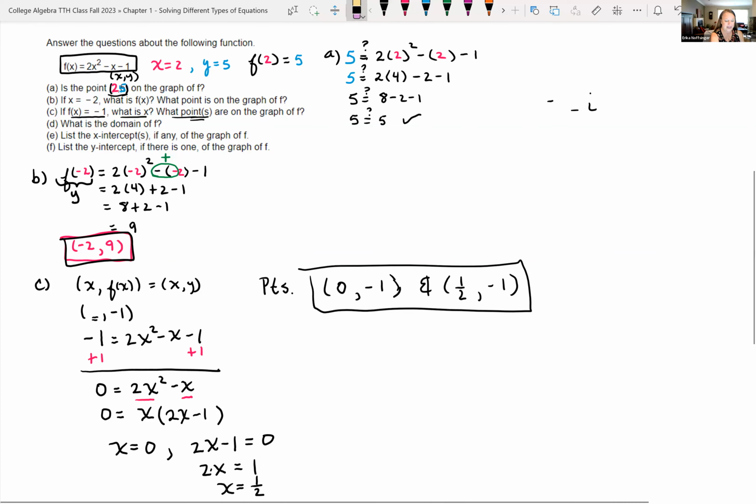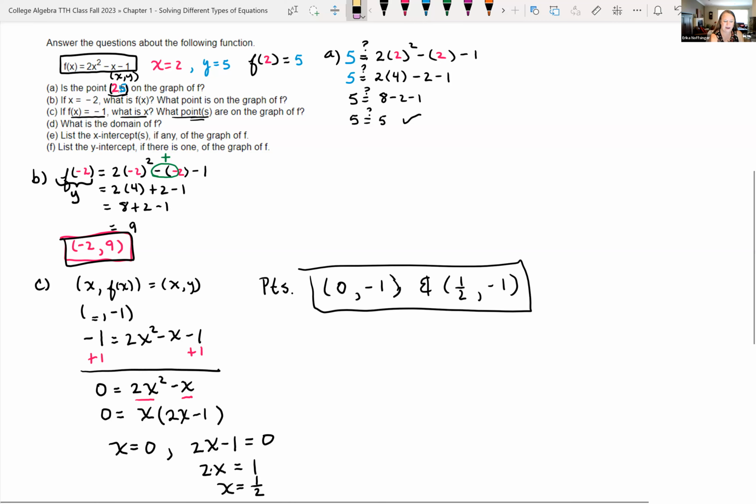So looking at this, I don't have any radicals in my equation, so I don't have to worry about any values of x giving me a negative underneath the radical. The other place that we have to be worried about are values of x that give us 0 in the denominator. Well, I don't have any x in the denominator here.